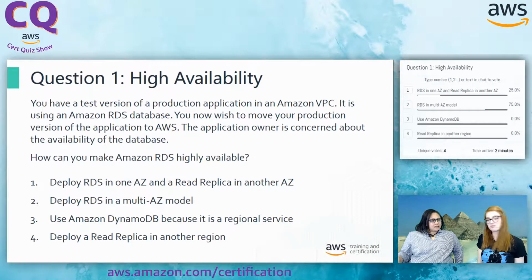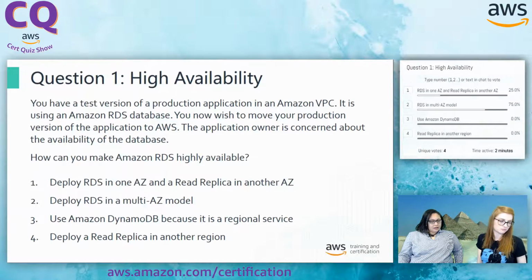And then the third option is using Amazon DynamoDB, which is another database by Amazon, because it's a regional database. As we're already using RDS, there's no point shifting to a different database. And RDS also supports multi-AZ, so probably let's stick with RDS. It doesn't look like the right answer there.